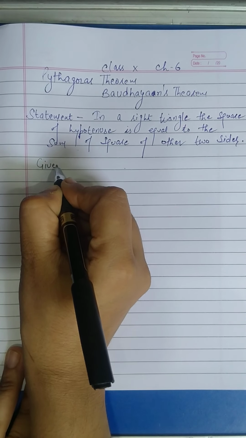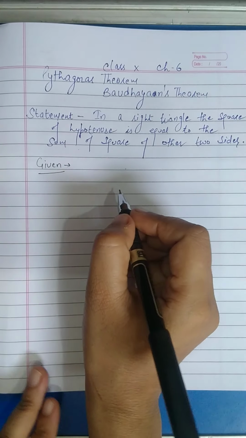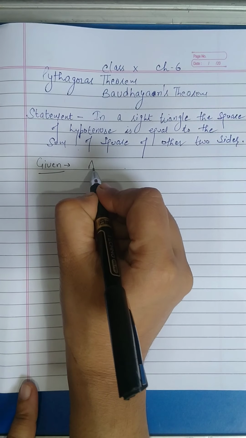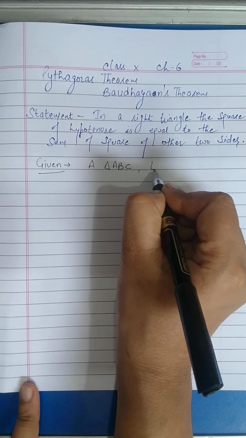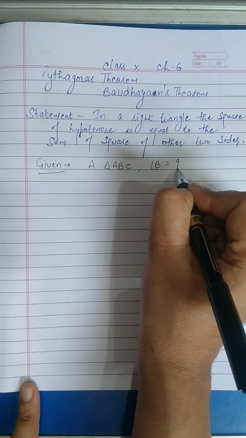Now what is given? We are having a right angle triangle. So let a triangle ABC and angle B is equal to 90 degree.